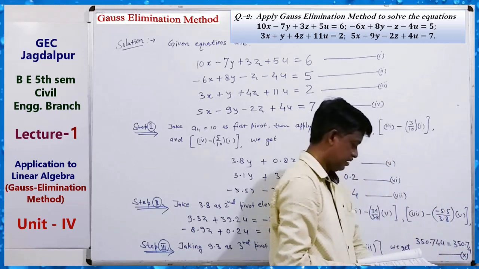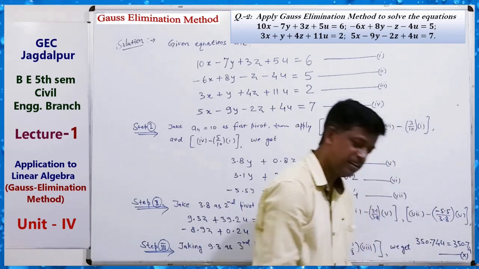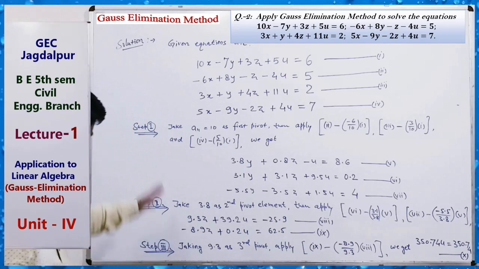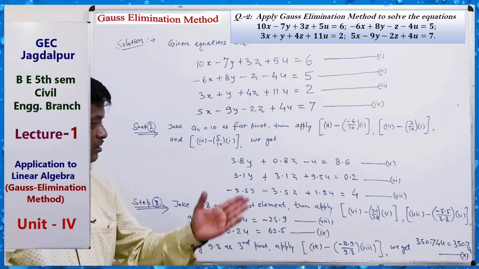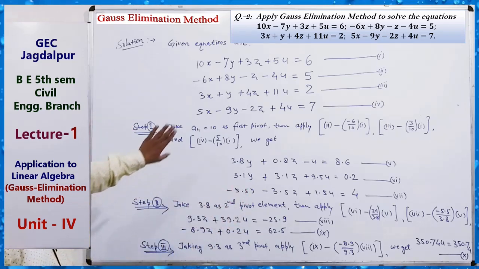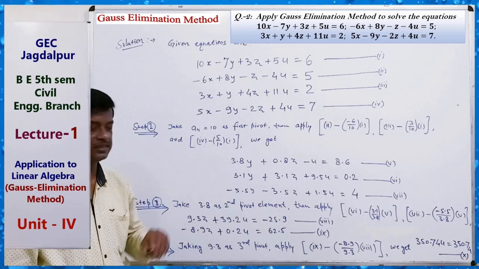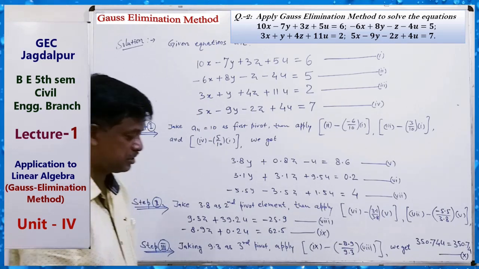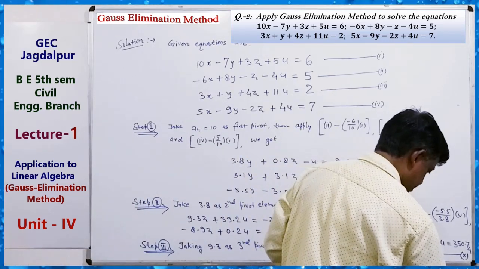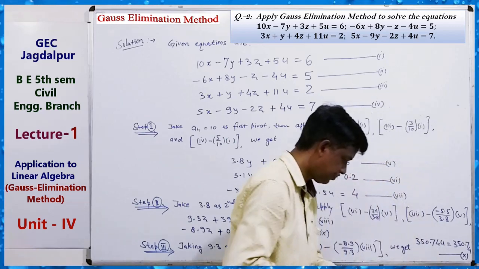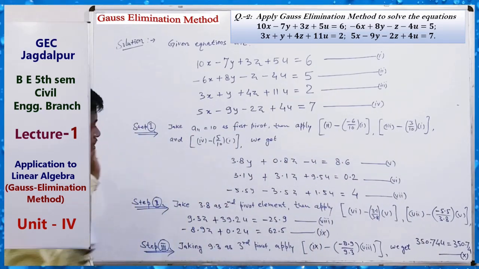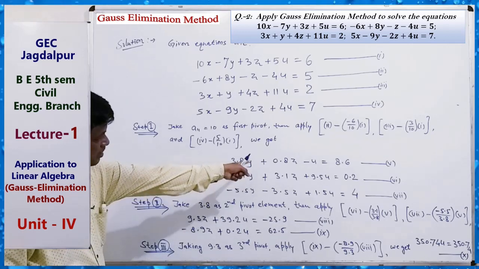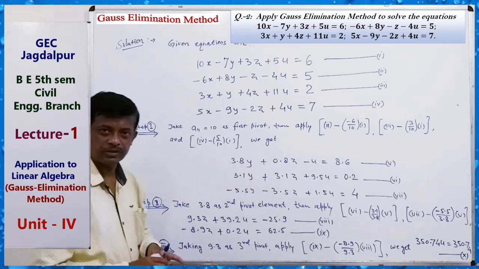Okay, now very simple, step by step. Here 3 steps are completed. Now by back substitution we can get the value of U, then Z, then Y, then X. Now by back substitution, just write the answer here. After this line, I don't delete this equation.